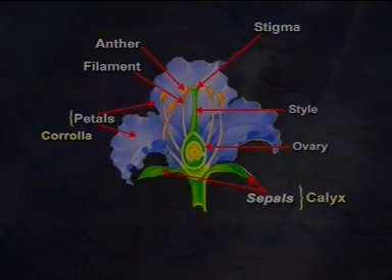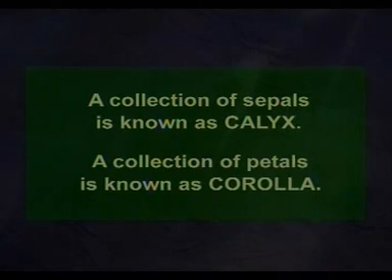Now, we have noted that a collection of sepals is known as calyx. A collection of petals is known as corolla. What about a collection of stamens?